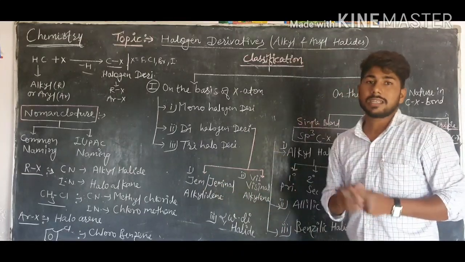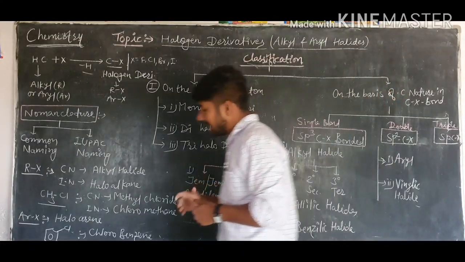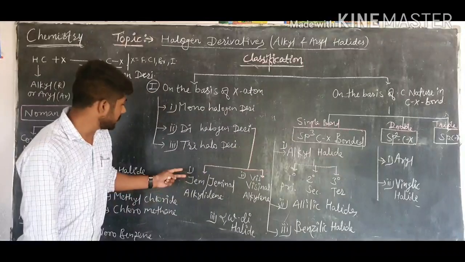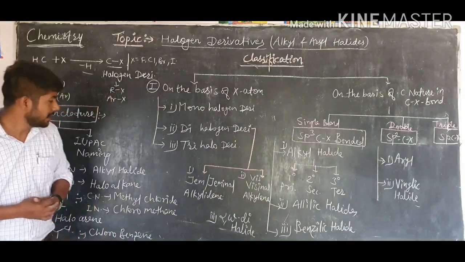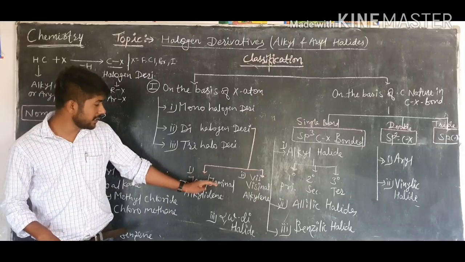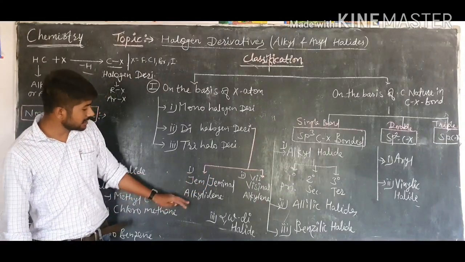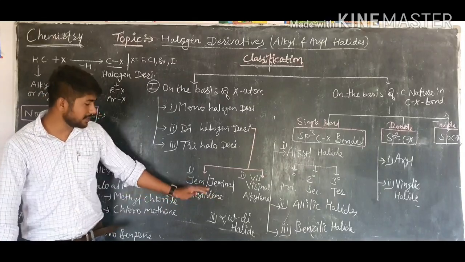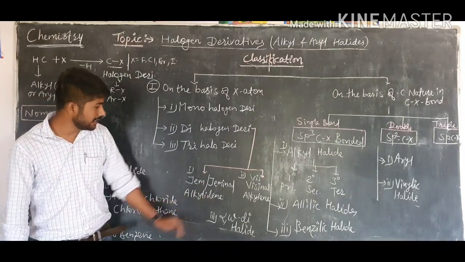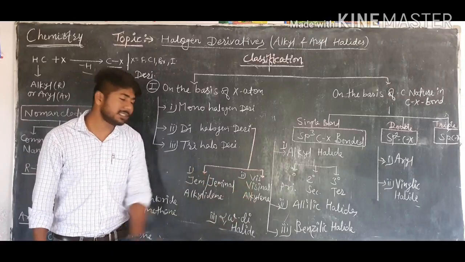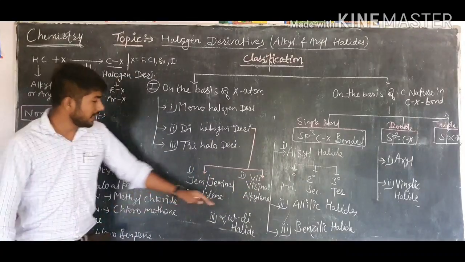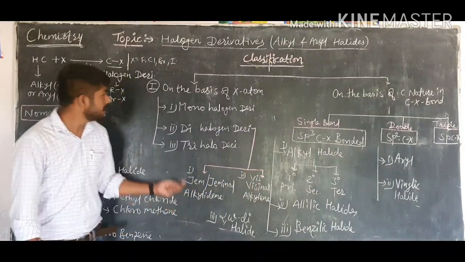Dihalogen derivatives are of three types. First is geminal dihalide, also called alkylidene halide. Second is vicinal or alkylene dihalide.